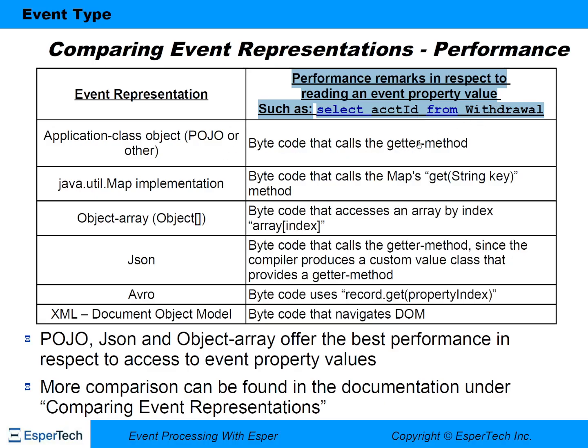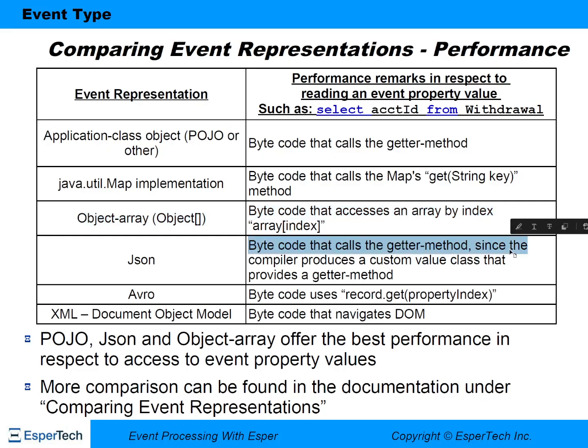For application classes, including plain old Java objects, the compiler produces bytecode that calls the getter methods. For Map interface implementations, the compiler produces bytecode that calls the Map's get method passing the event property name. For object arrays, the compiler produces bytecode that accesses the array by index.